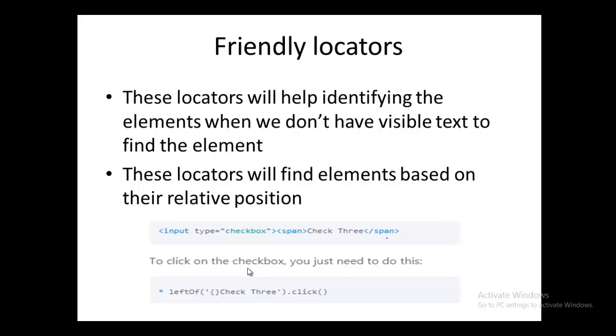Let me give you one example. In a form you have first name and last name fields. We know there is a first name label and there would be a text box. The first name label might have text in that particular tag, but you may not have text present for the input box.